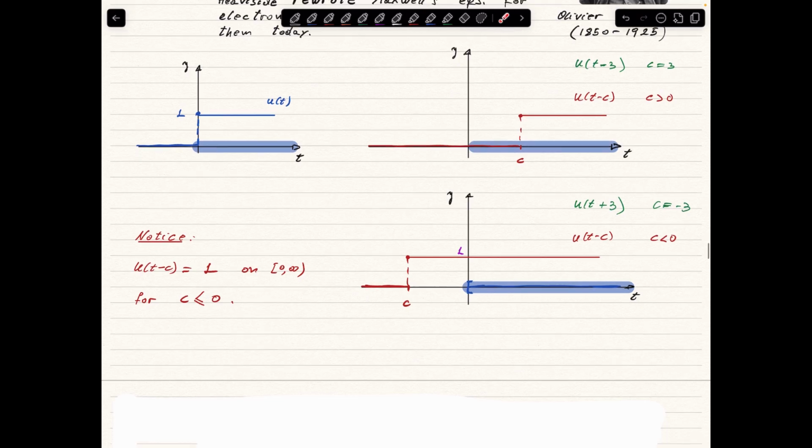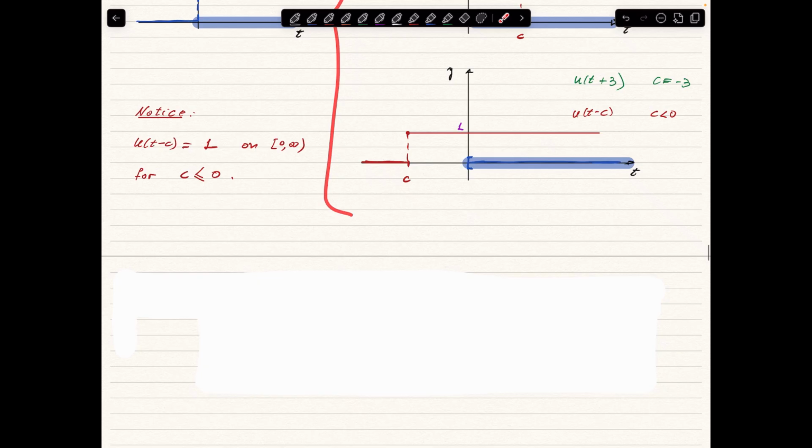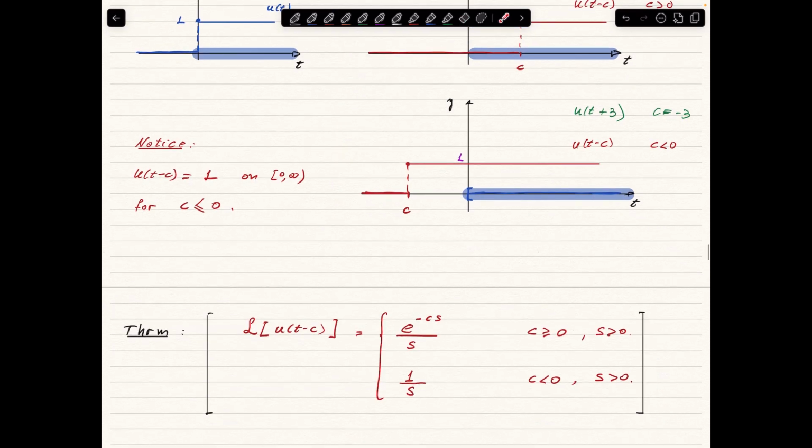Now, having these pictures in mind, let's compute the Laplace transform of the step function. And the result, of course, depends on whether we are shifting the step function to the right or to the left. If we shift the step function to the right, then this is the result for the Laplace transform, and the Laplace transform converges for values of s positive.